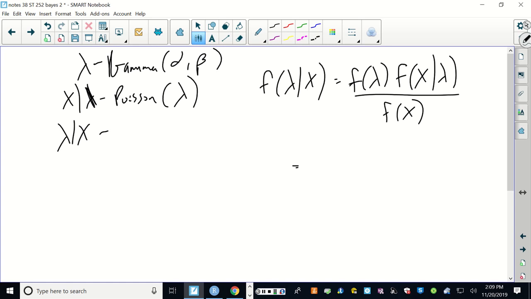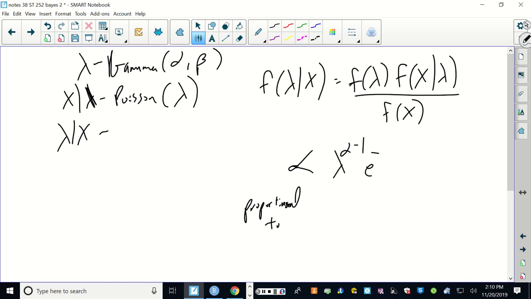The book points out that the key aspect is where is lambda in this. And so this thing ends up being proportional to the parts that have lambda in them. And what's lambda in there? There was a lambda to the alpha minus 1 in the prior.